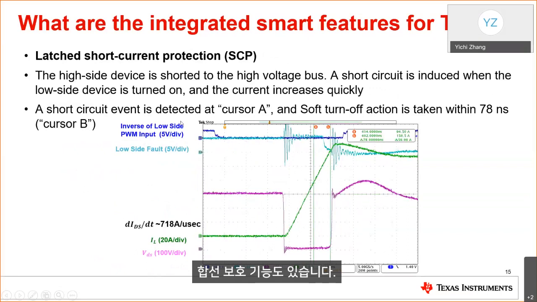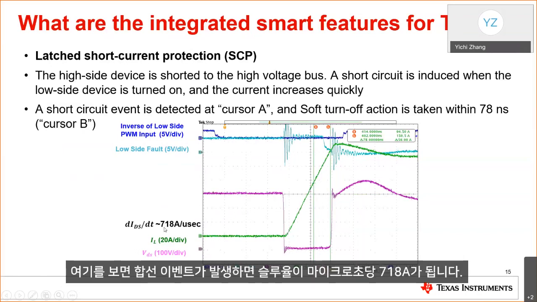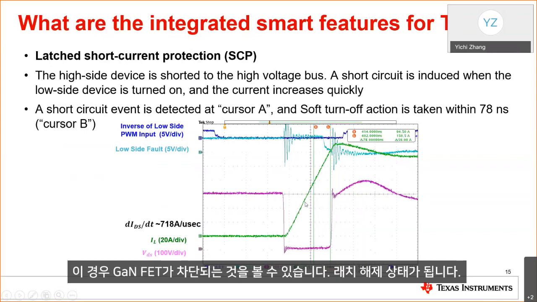And also, we have short circuit protection. Whenever you have a short circuit event, the di/dt is going to be much faster. Over here, you have 718 amps per microsecond slew rate in a short circuit event. In this case, you can see the GaN will be shut off.